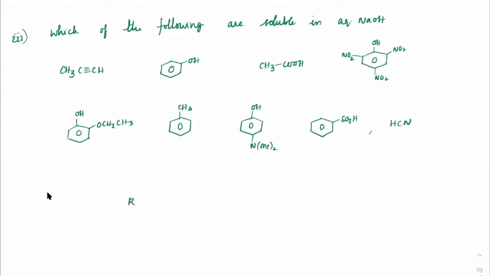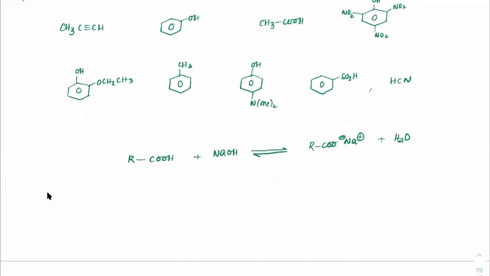Suppose I take carboxylic acid, RCOOH, and I treat that with NaOH, because you have seen this is an ionic equilibrium. You will write this as RCOO minus Na plus H2O. Precisely what you are comparing is the pK value only. The pK value of this acid is approximately in the range of 4.5.